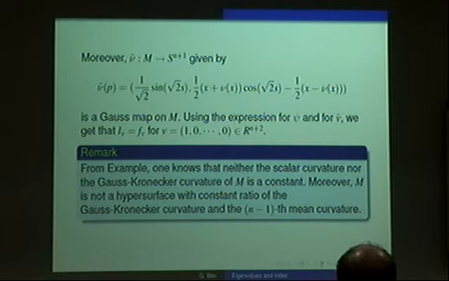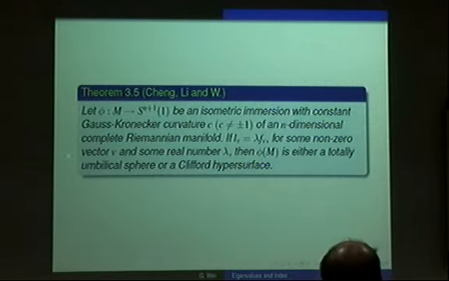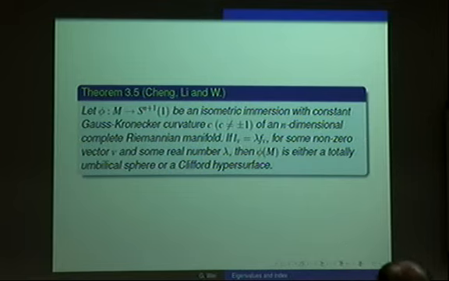This example tells us that our theorem is sharp: there exist examples where M doesn't have constant Gauss-Kronecker curvature, but RV and FV satisfy this equation.